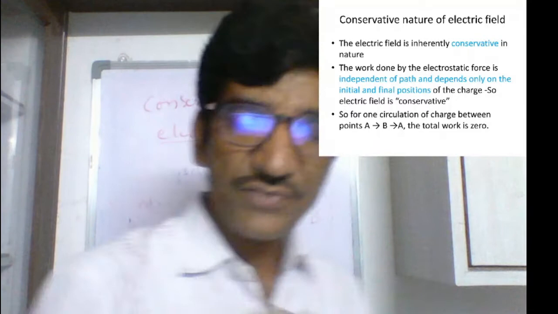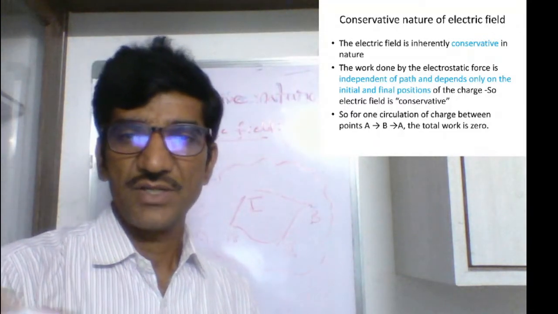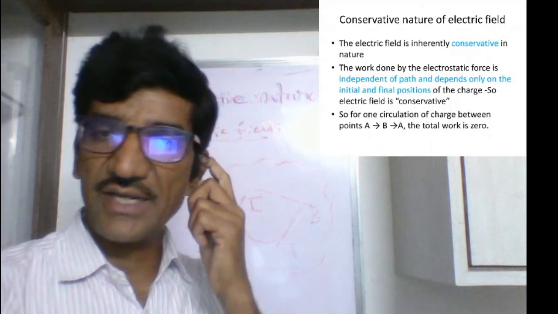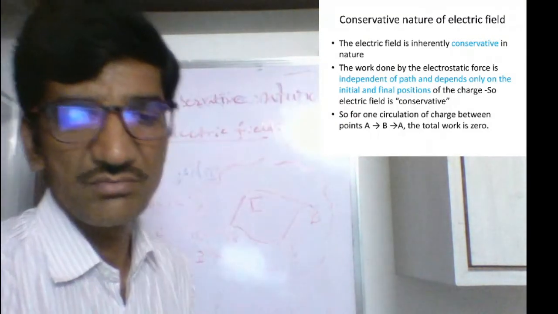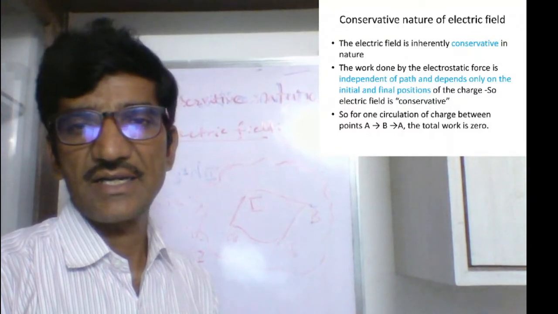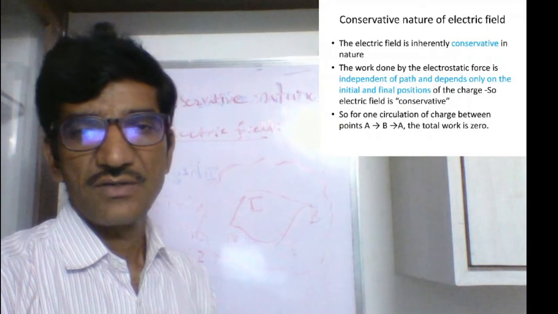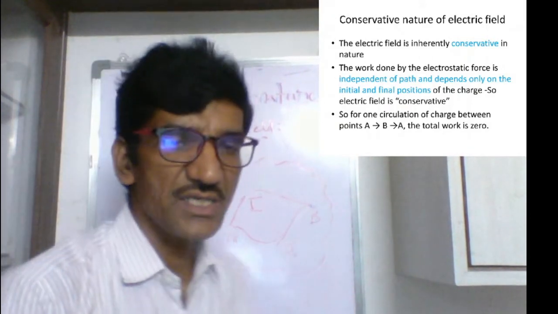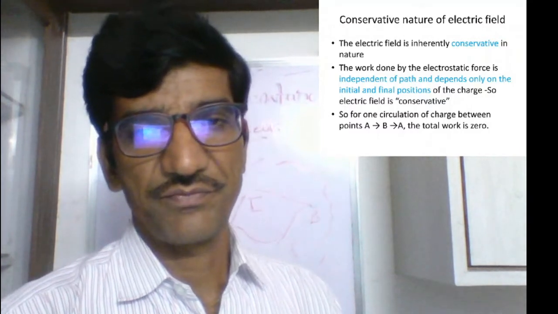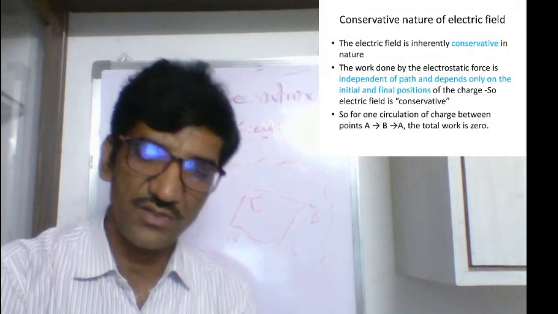So for one circulation of the charge, that means from A to B and again B to A, as you see on the slide, the total work done is 0. So you may define the conservative field like this also.